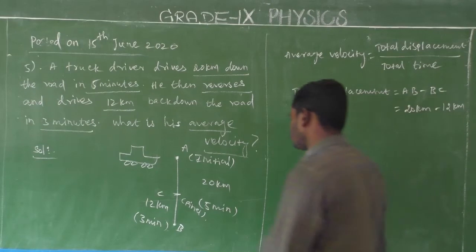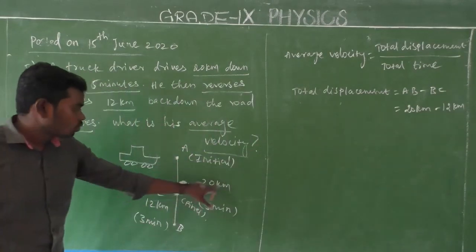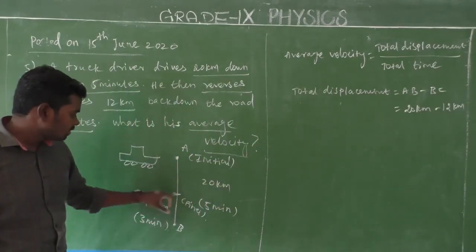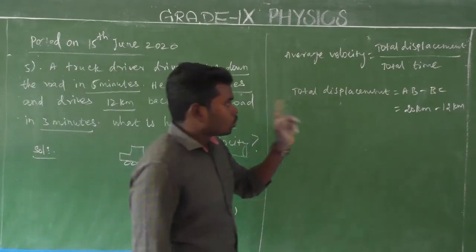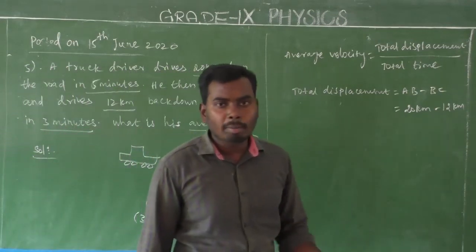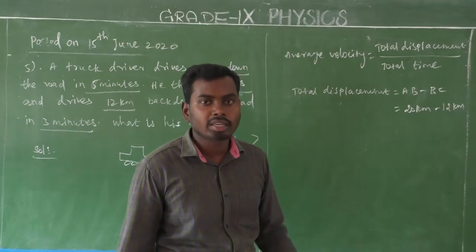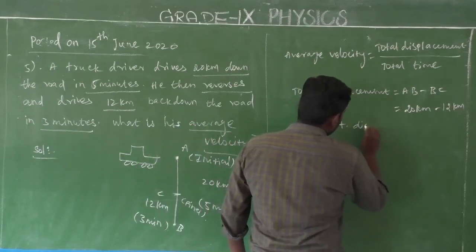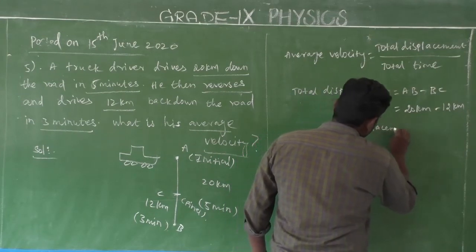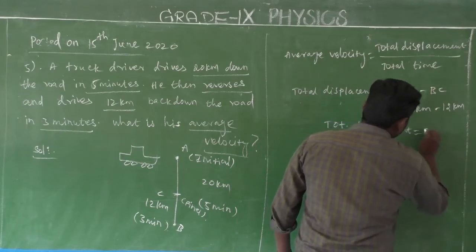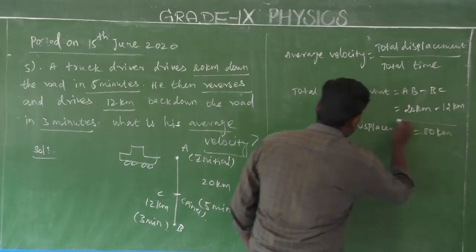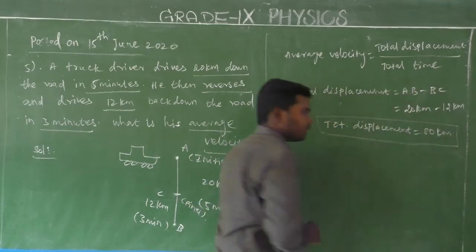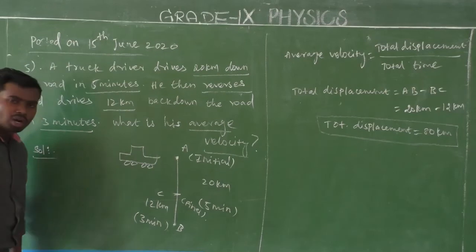Is it clear? 20 kilometers minus 12 kilometers is equal to 8 kilometers. So the total displacement is equal to 8 kilometers. Alright? Next one, look at here.